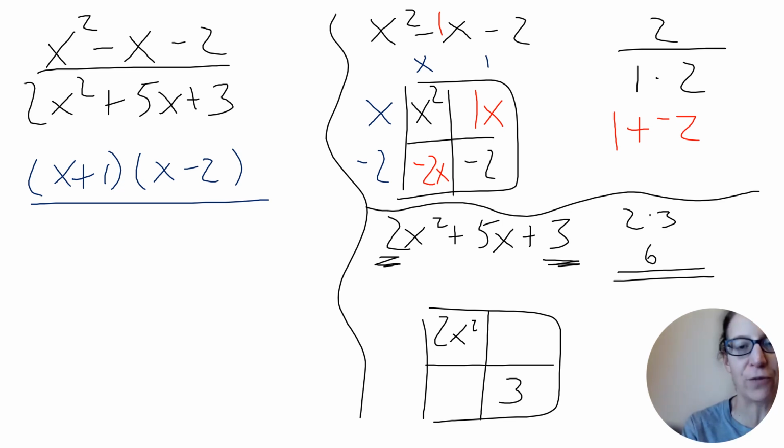Now we got to be really careful here, because we could have 1 times 6 or we could have 2 times 3. And the catch here is that both of those could give you a 5. So you could get a 5 by doing a -1 and +6, or you could do a +2 and a +3. So what do we do? We got 2 different factor pairs that can add up to that 5x.